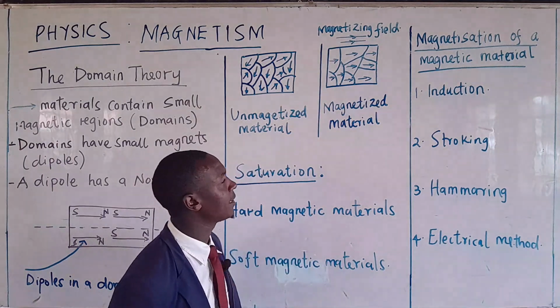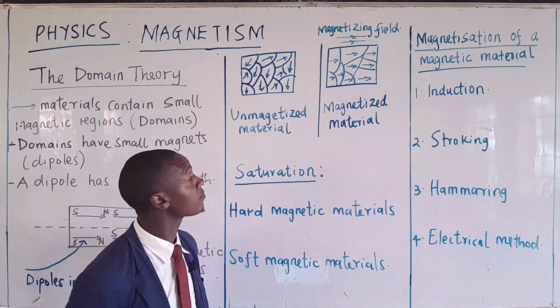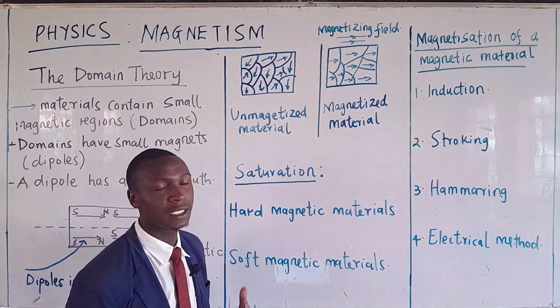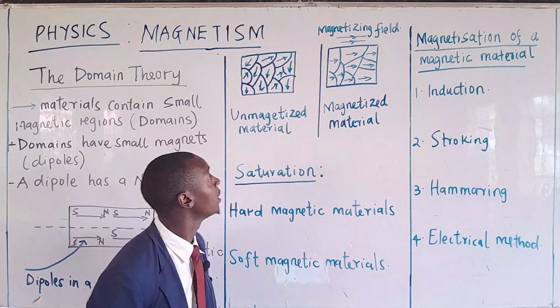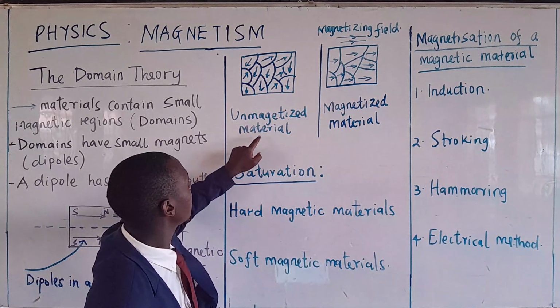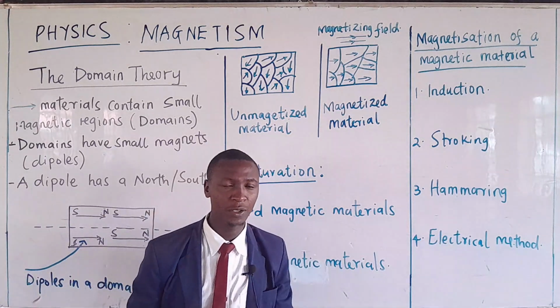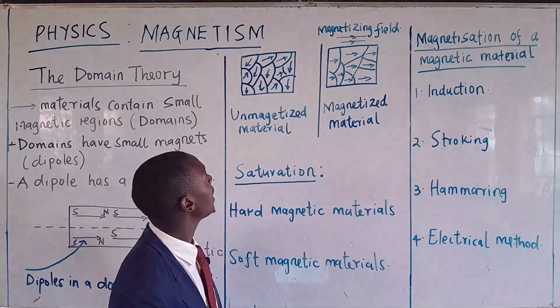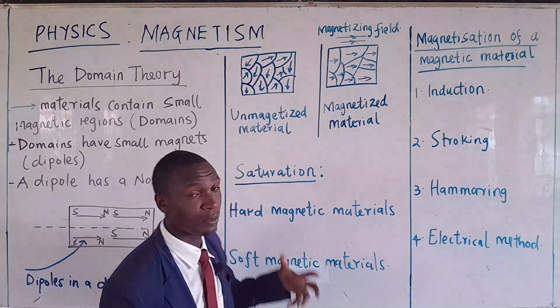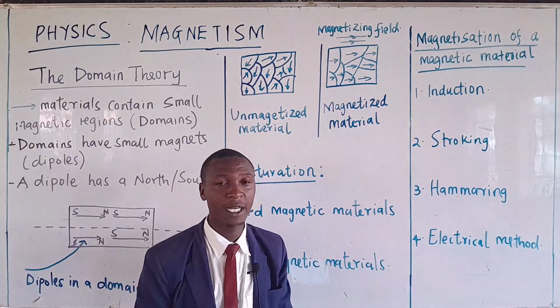Well, now let's see how magnetic and non-magnetic materials behave in terms of the domain theory. Now, we have an unmagnetized material. So we have a material that can be magnetized, and its dipoles are arranged randomly. They do not face in the same direction.